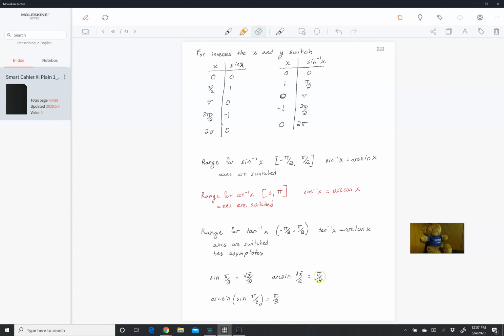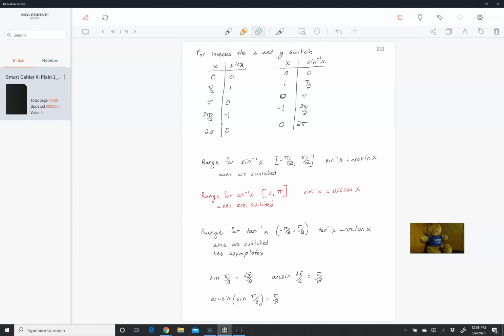When you do something like this, you have to keep in mind that your answer has to be within the range, okay? If it's not within the range, then you have to make it within the range, okay? So if we had said, what is the arc sine of negative root 3 over 2, we're saying that the sine is negative, you would have to say, well, it's negative 300 degrees.